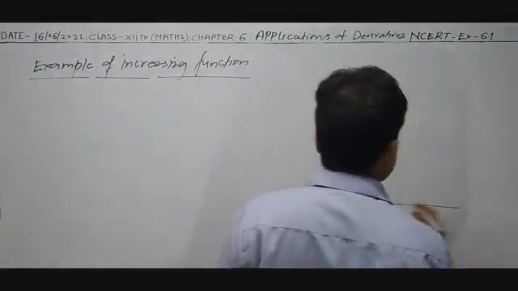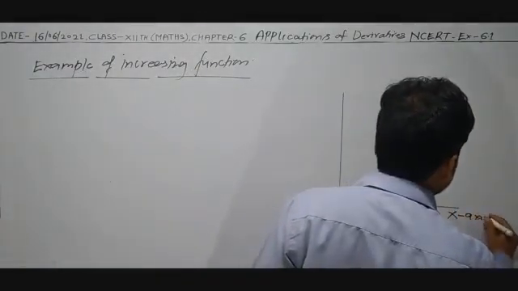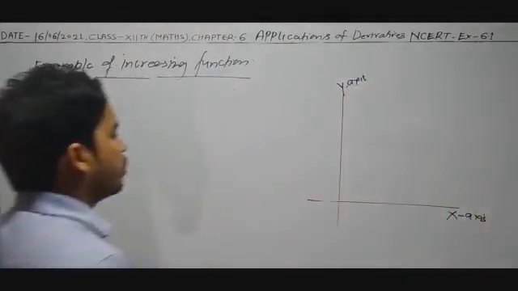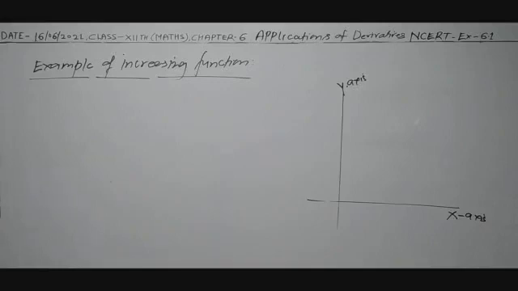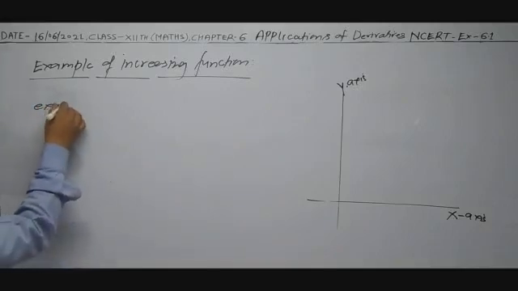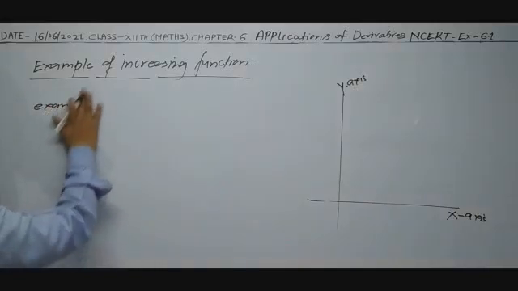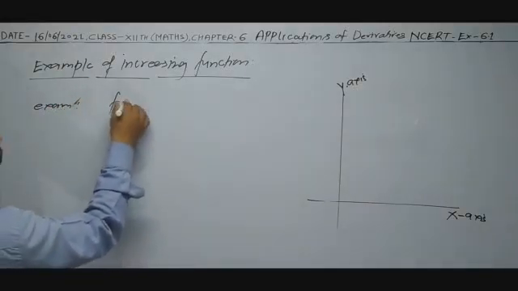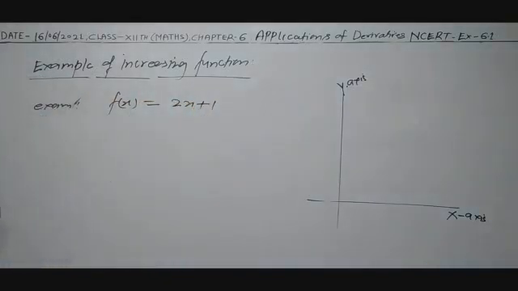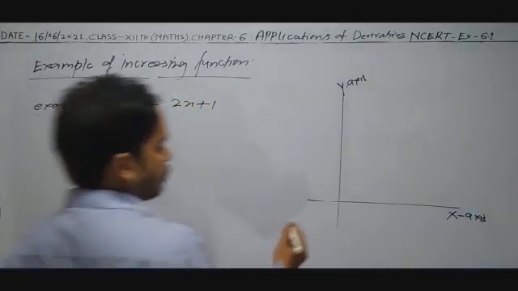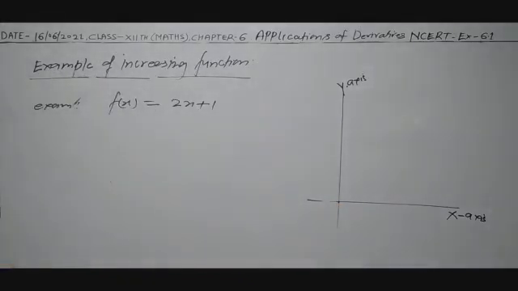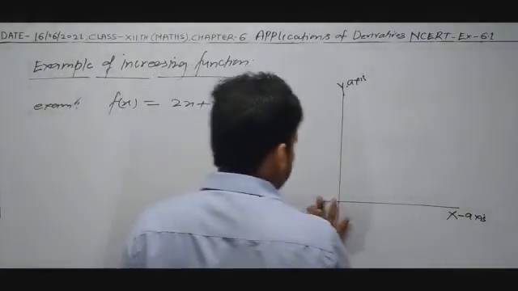Suppose this is the x and y axis, and we have taken a curve or a function f(x) such that f(x) is equal to 2x plus 1. Example I have taken, f(x) is equal to 2x plus 1, and you have to draw this function on the plane.